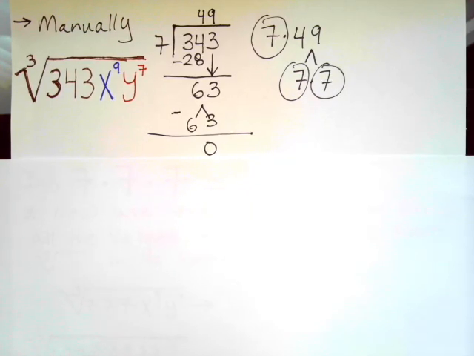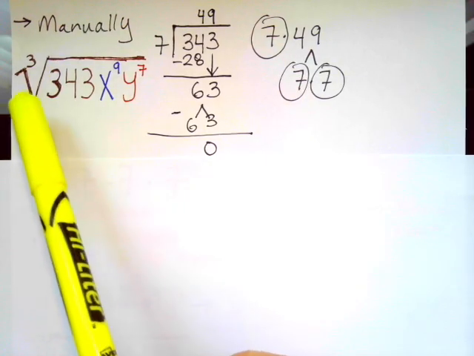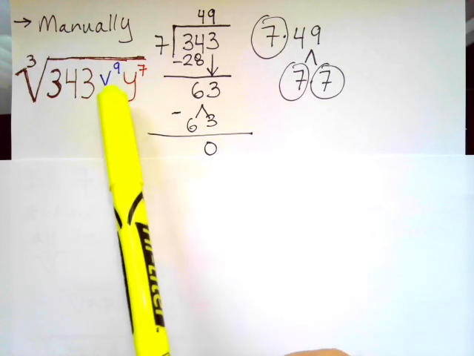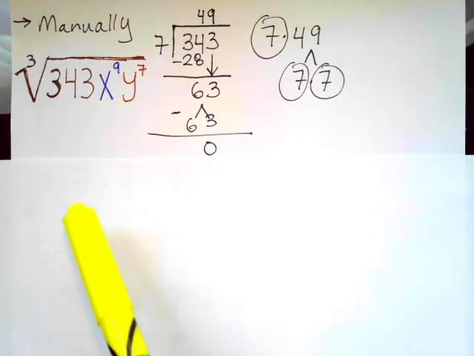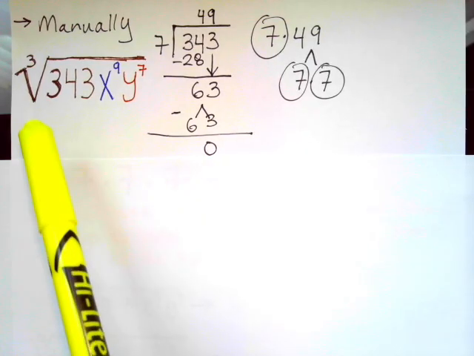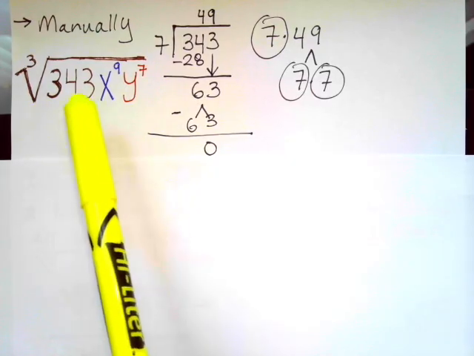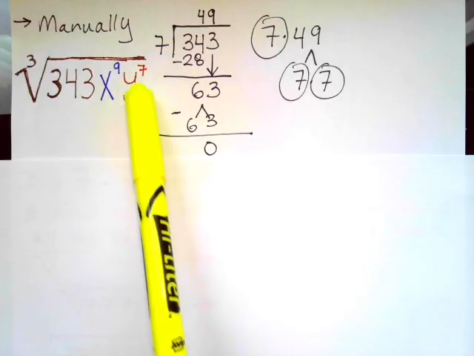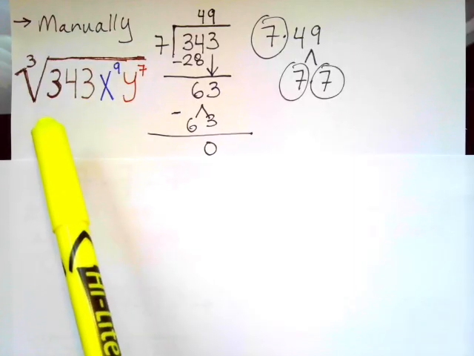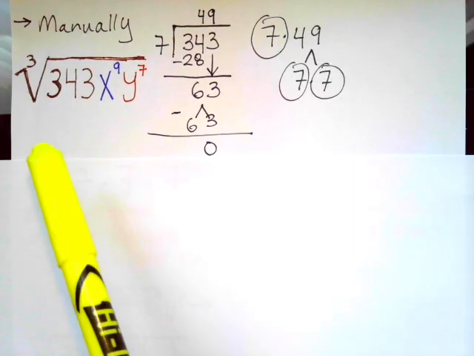This is a part 2 video finding which of the following expressions is equivalent to the cubed root of 343 times x to the 9th times y to the 7th power. We left off in video part 1 explaining how you may have to manually break down all the values inside this cubed root if not given a scientific calculator.